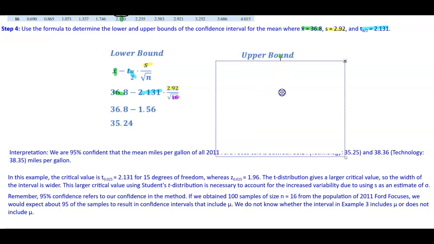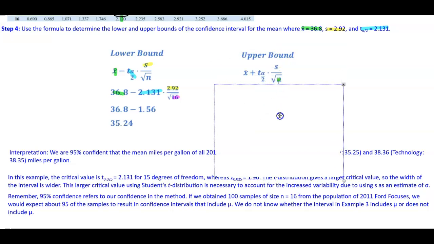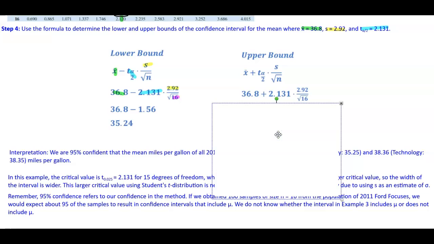For our upper bound, we're going to take again our sample mean, which is 36.8. Add our sample standard deviation, and now we're adding the critical t-value, 2.131, and there is our sample size.